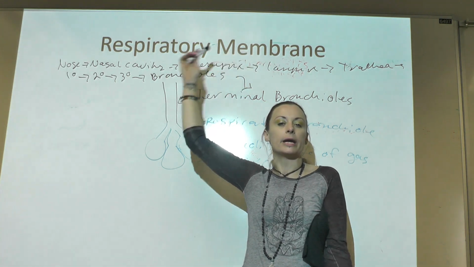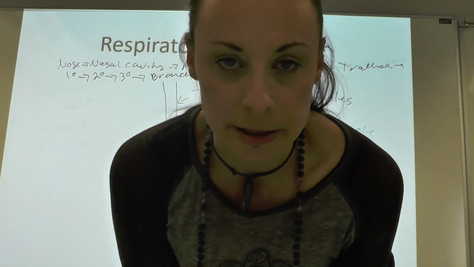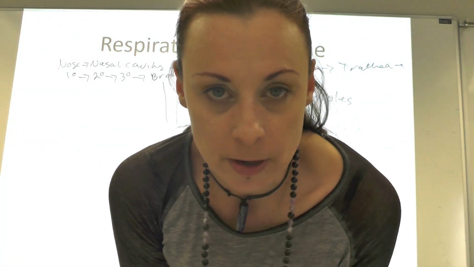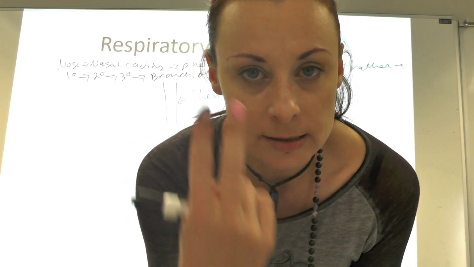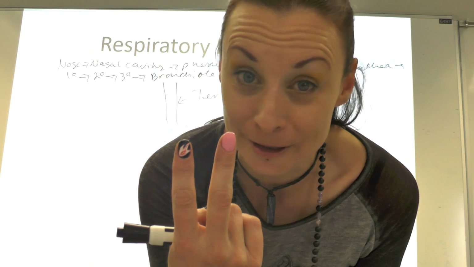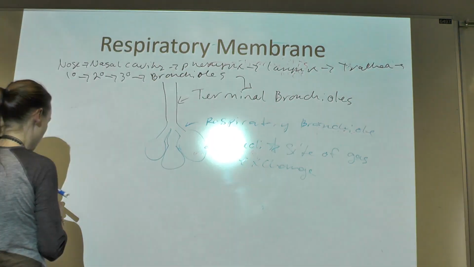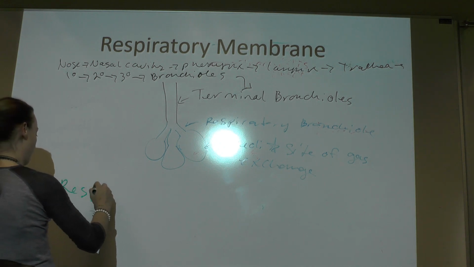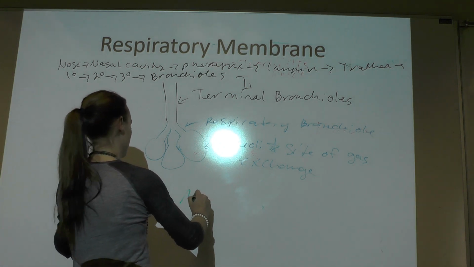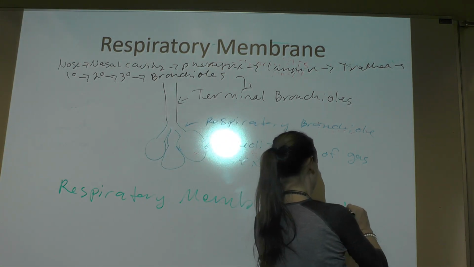What's the respiratory membrane? It's a three-part structure across which oxygen and CO2 are exchanged. The three parts are the simple squamous epithelial layer of the alveolus, the simple squamous epithelial tissue of the capillary, and the basement membrane that they share. So our respiratory membrane is the structure across which gases are exchanged.